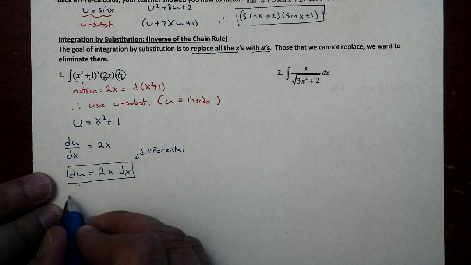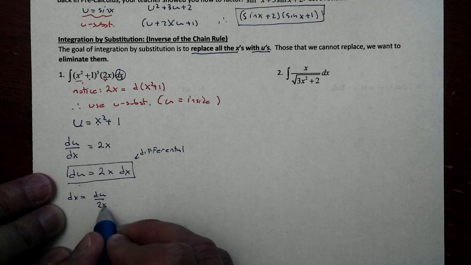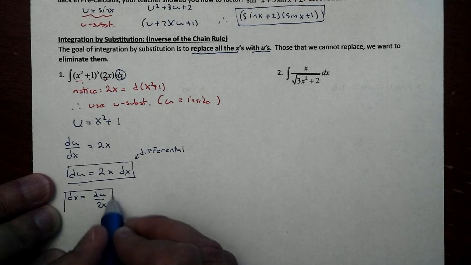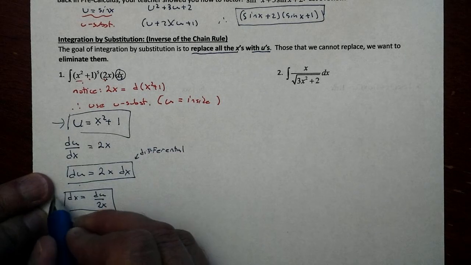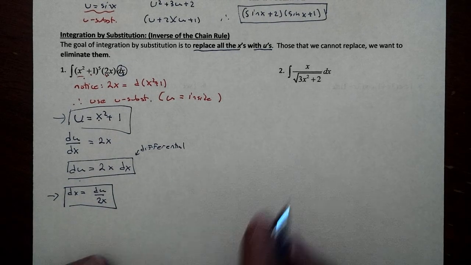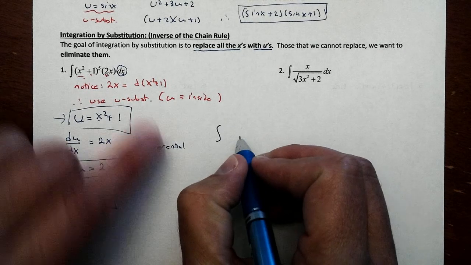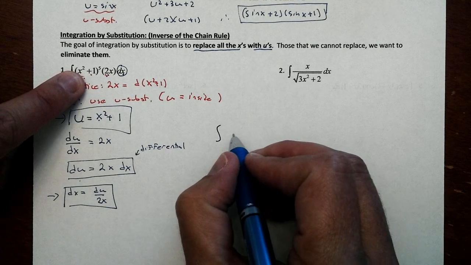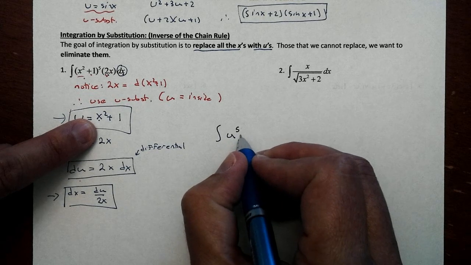To replace the dx, we would get du over 2x. And this is what we want. Both of these are what we're going to use to replace. So my new integral would now become x squared plus 1 to the fifth, but we replace that x squared plus 1 with u to the fifth times dx.